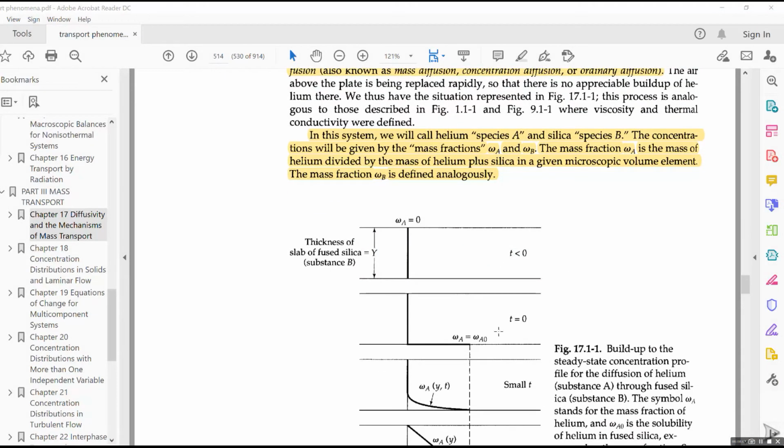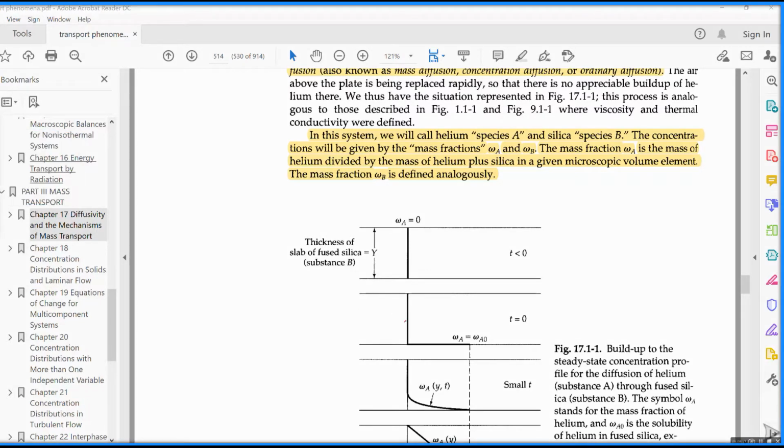But when the time is set as 0, as the initial starting point of the process, we just replace the air below by helium gas.